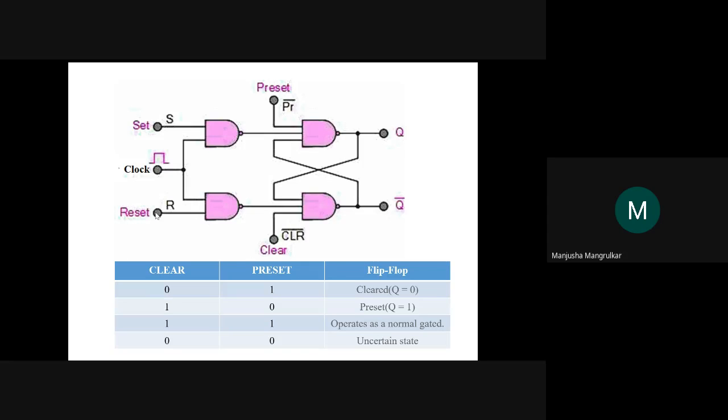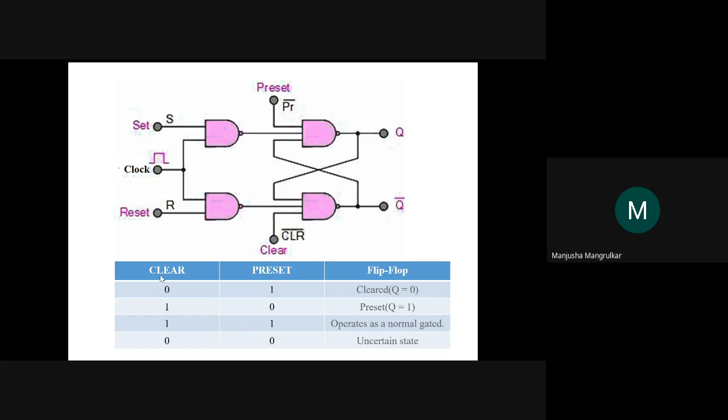This is S and R, the set and reset. This is a clock, right? Without this, it is a simple SR clocked flip-flop, right? Now here the input is preset, active low, and here the input is clear, with Q complement, right?